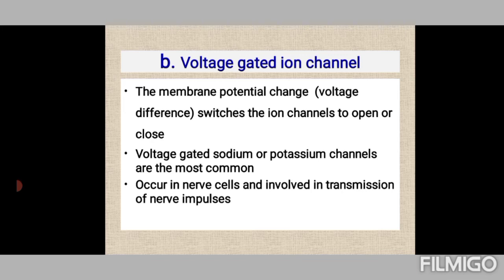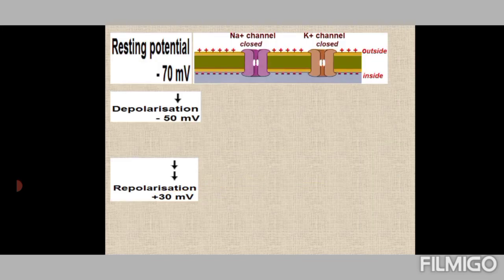And voltage-gated sodium and potassium channels are most commonly seen in nerve cells and are involved in transmission of nerve impulses. So the best example to illustrate voltage-gated channels is the sodium-potassium channel, which is present in nerve cells. Like we can see here, during a resting potential of around minus 70 millivolts, both these channels remain closed.